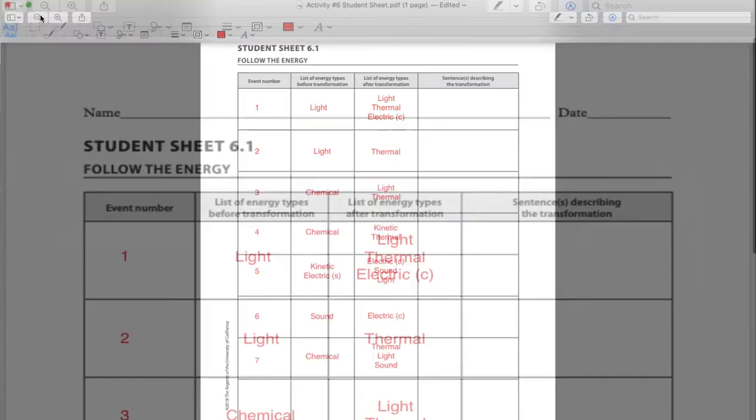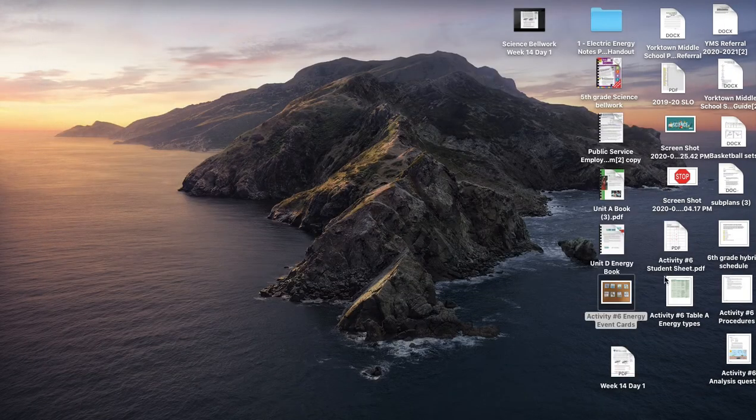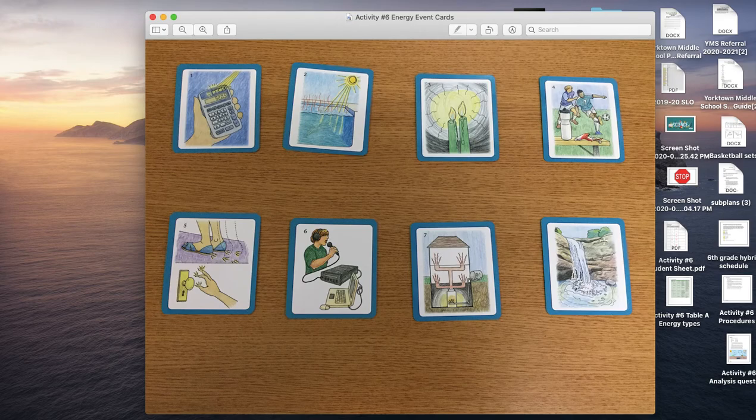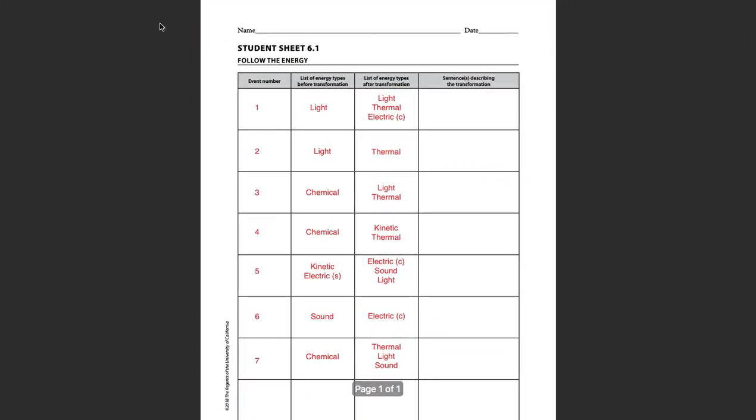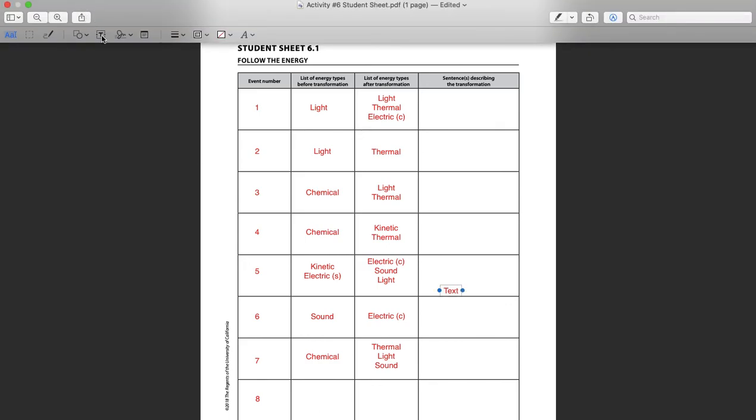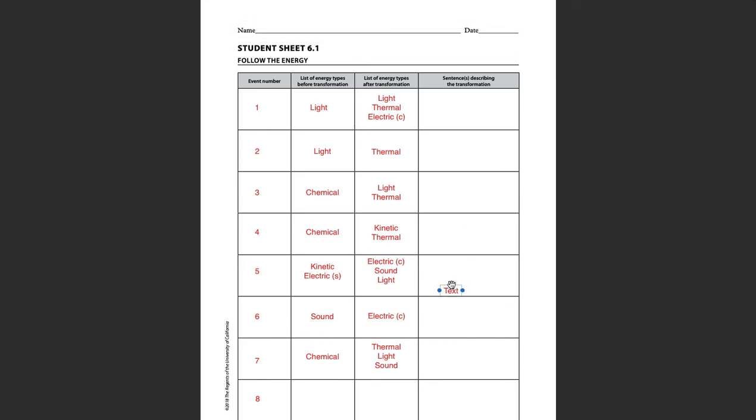So last one, we have card 8, the waterfall. This is very similar to our roller coasters. So since that waterfall is up high on a cliff, that would be gravitational potential.